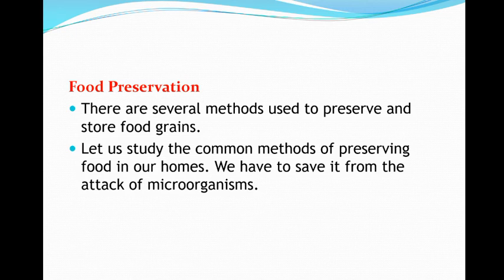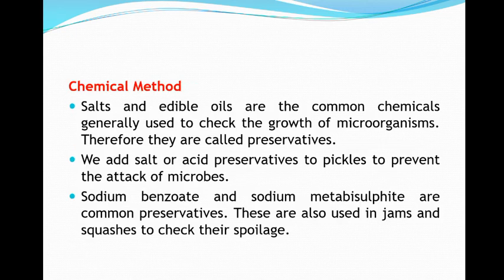The first method is the chemical method. Salts and edible oils are the common chemicals generally used to check the growth of microorganisms. It means by using salt and edible oils, we can control the growth of microorganisms in food. Therefore, they are called preservatives. By adding salt or acid preservatives to pickles, we prevent the attack of microorganisms.